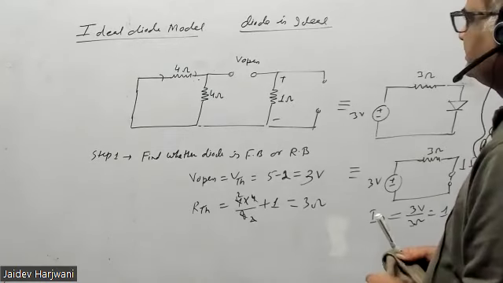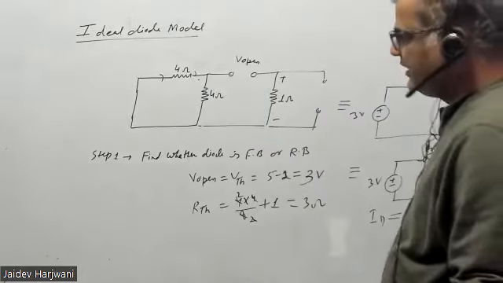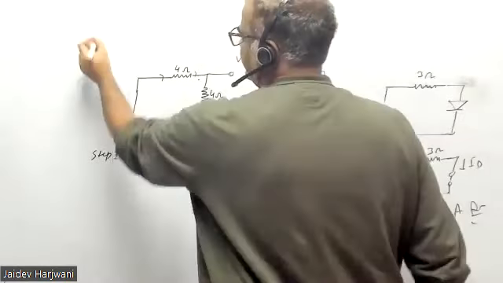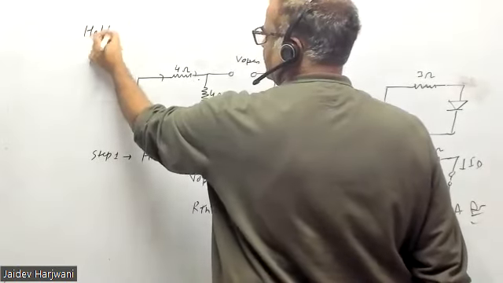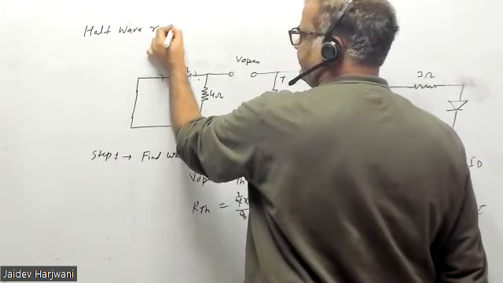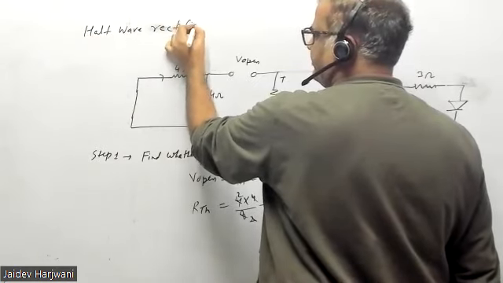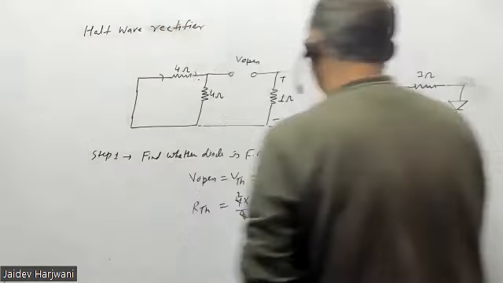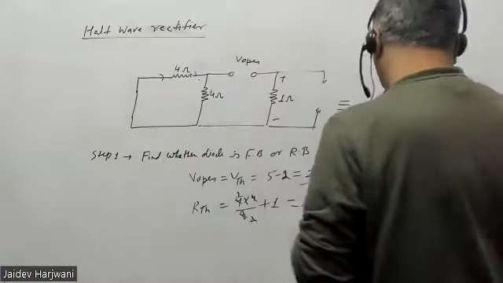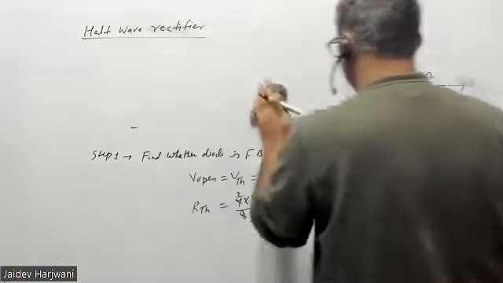Okay. So now let us do some applications of the diode, like the rectifier. First we will start with the half wave rectifier. So let us do now the half wave rectifier.